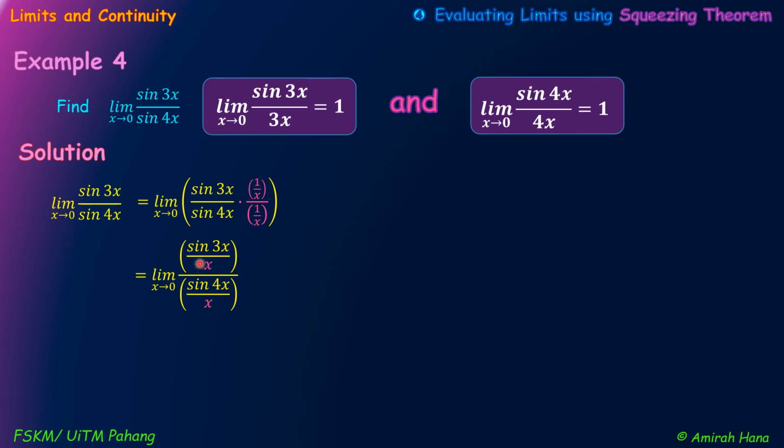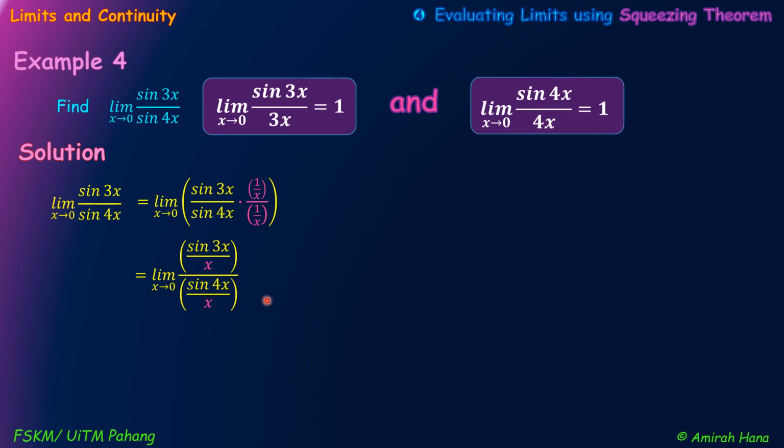So it's similar to this theorem. The same goes for the denominator: we have sine 4x over x, with no trigo function, so it's similar to this theorem.